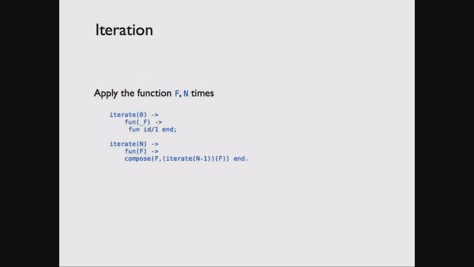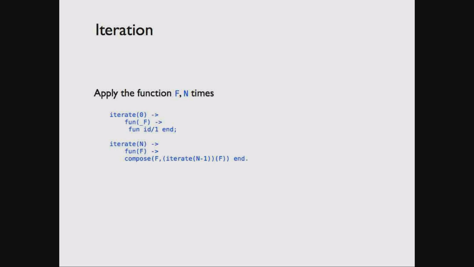Okay, the other thing I wanted to talk about was the iteration function. What does iterate do? Well, iterate takes a number and then it returns a function whose role is to take a function and compose it with itself n times. So iterate 0 will take any function you like and return the identity function, because doing f 0 times means doing nothing to the argument.